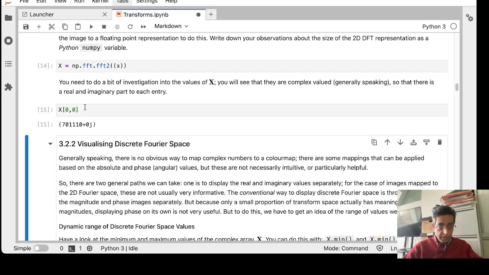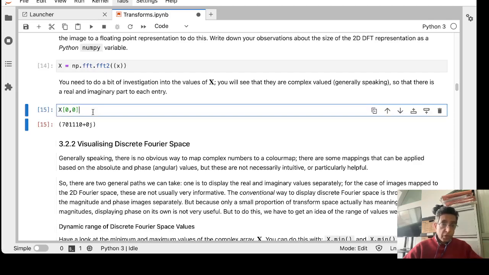Okay, so there's one value, and this corresponds to the biggest value in transform space. It's purely real because this represents the sum of all the pixel intensities in the image. It represents what's called the DC term of the image, and that value there, 701110, we should also be able to get if we did np.sum.